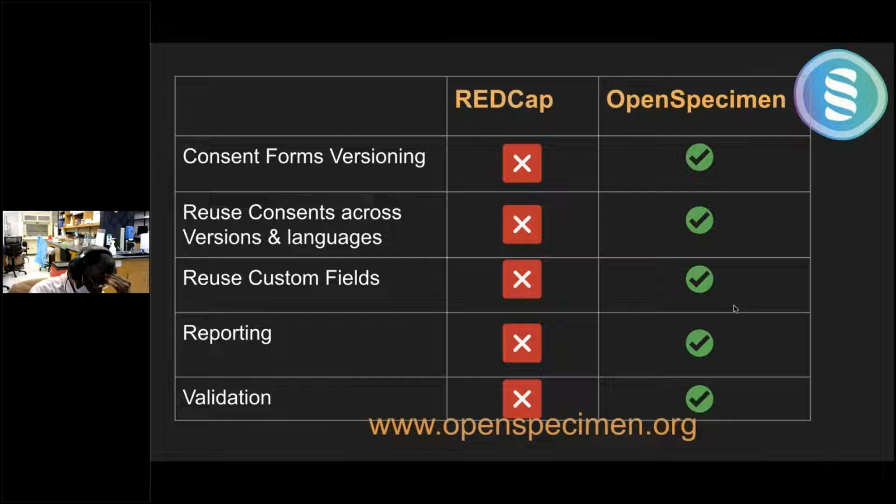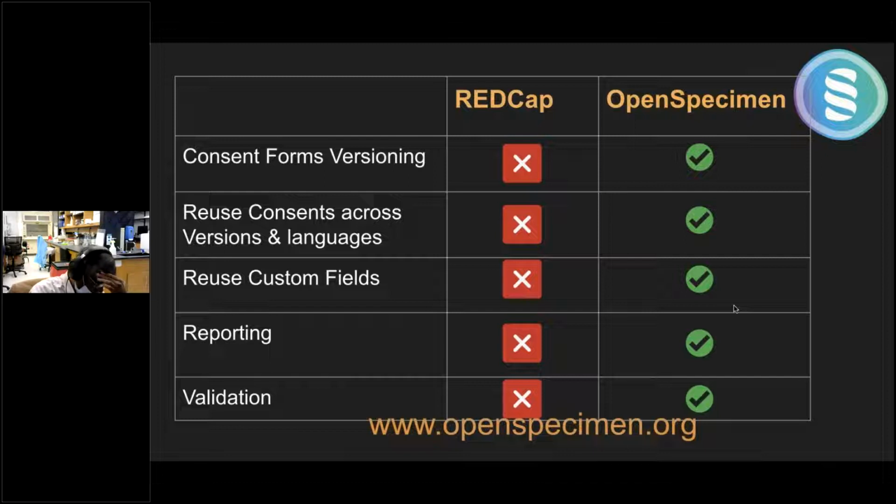And validation, for example, you cannot say don't allow specimen collection unless the patient has consented for biobanking. If the patient says no, then specimens cannot be collected. Or you cannot say, if the patient says no, then specimens cannot be distributed to an external agency.